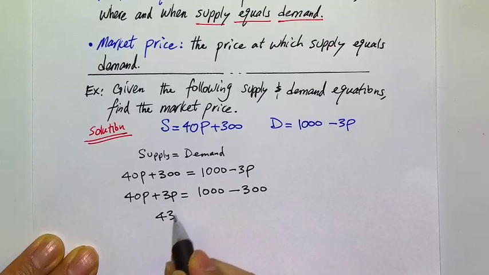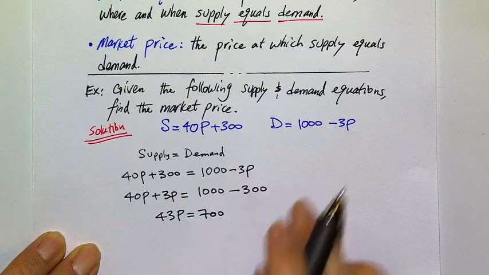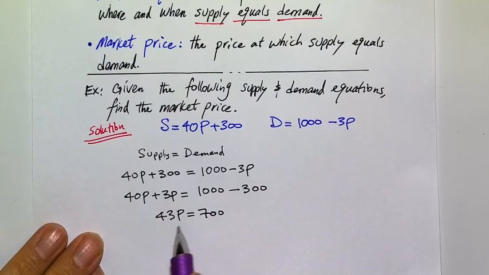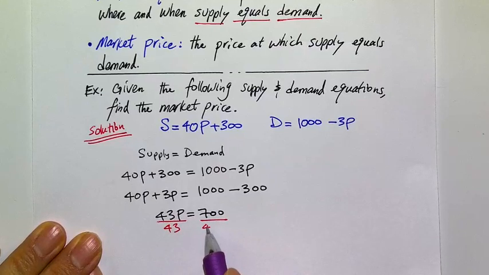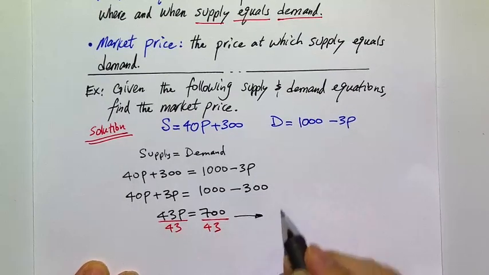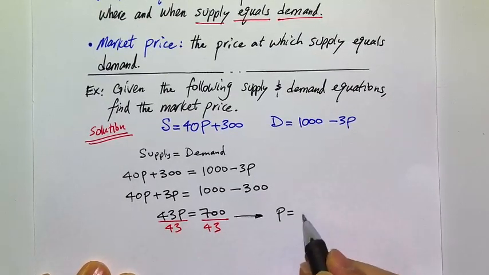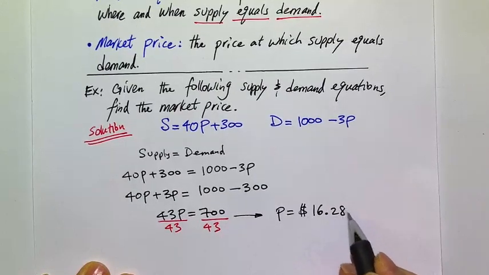So we have 43p equals 700, and we're solving for p, so we need to isolate p. How do we do that? We need to get rid of the 43. So divide both sides by 43, and then we end up with p equals $16.28.